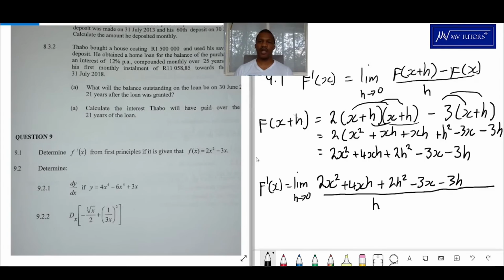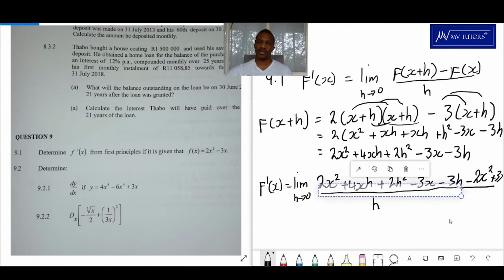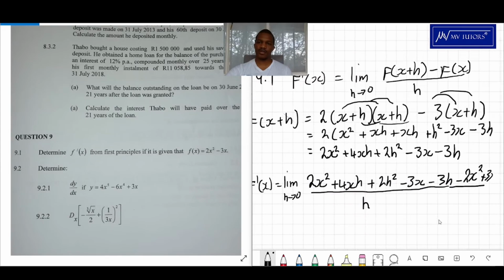So I'm just going to multiply the negative in already, so that I'll have minus 2x squared, and then this one is going to be plus 3x. Okay, it's going to be plus 3x. I just want to finish that x up here. Okay, it's 3x, and then we can continue in that trajectory.